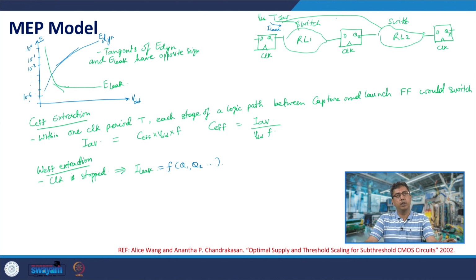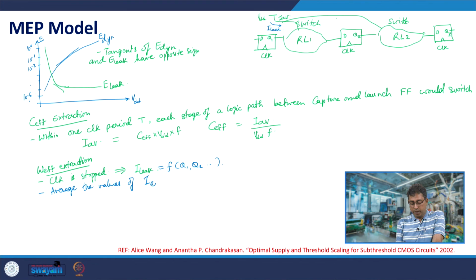So, you should simulate over a large number of states and find out, when the clock is stopped at a certain state, what is the current. Average out all the values of the leakage current for different states Q1, Q2 etc. That average current is I leakage.